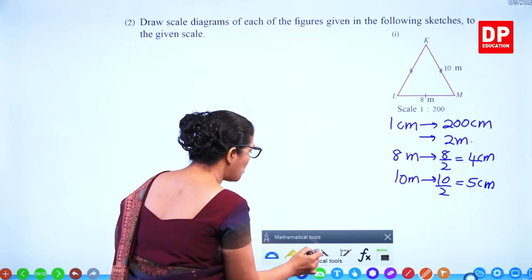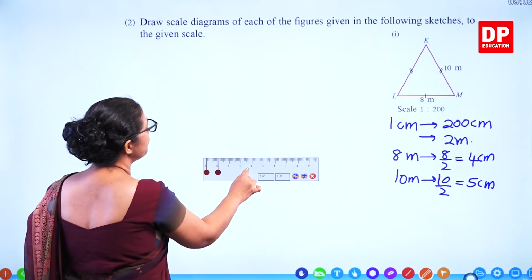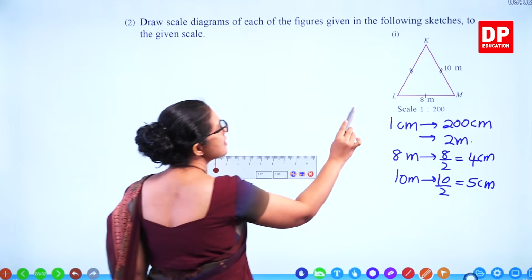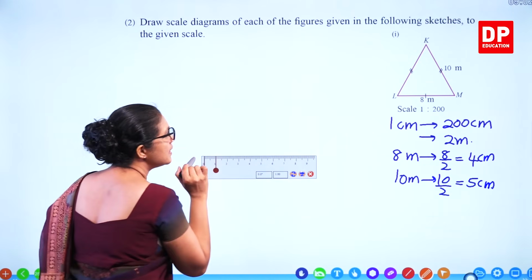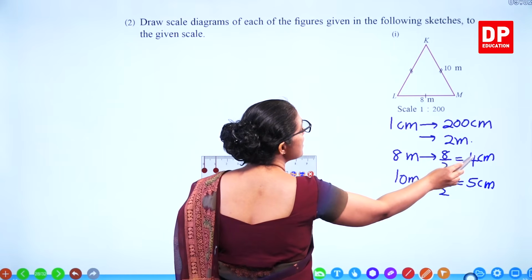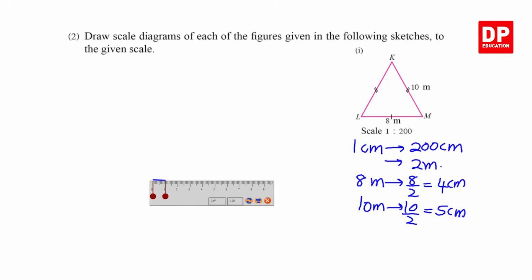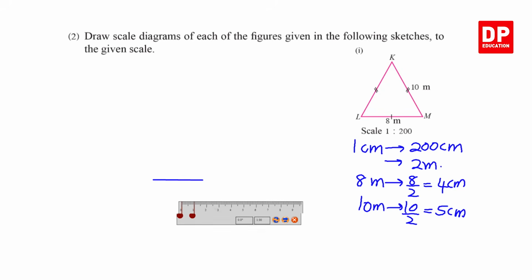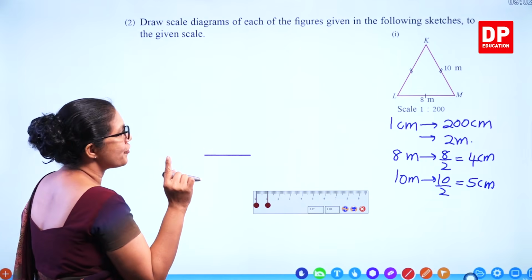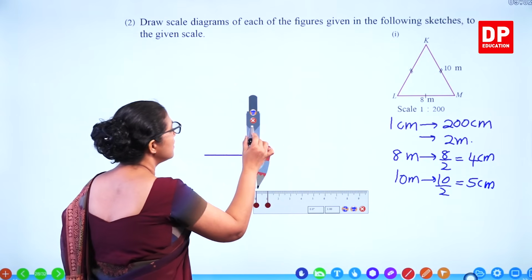So take the ruler and you need to measure first 5 centimeter. You need to measure first 4 centimeter length. So we'll take 4 centimeter length here to here. Then you need the protractor because this is a triangle.